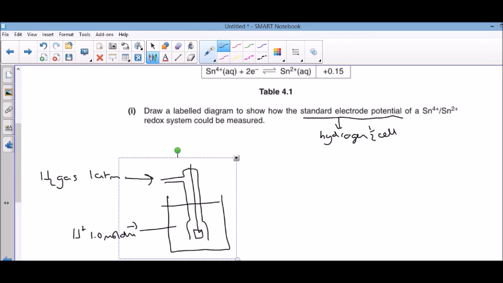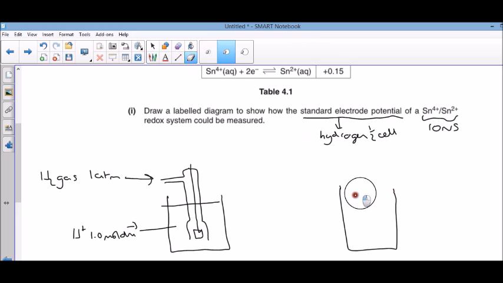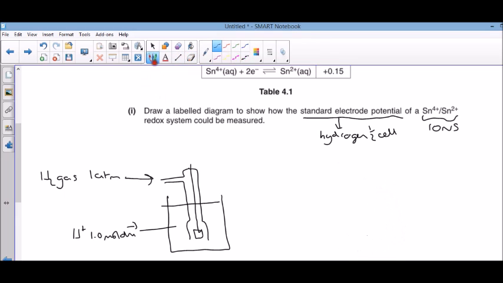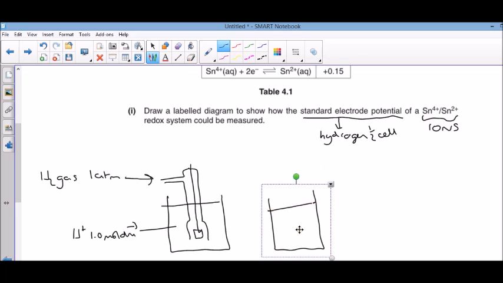And if we look at what we're comparing it to, we've got tin 4 plus and tin 2 plus. Both of these are ions, so we cannot have a solid tin electrode, which would be the most common mistake I tend to see on this question. If we had just tin solid in the equation, then we could use a tin electrode, but we haven't.